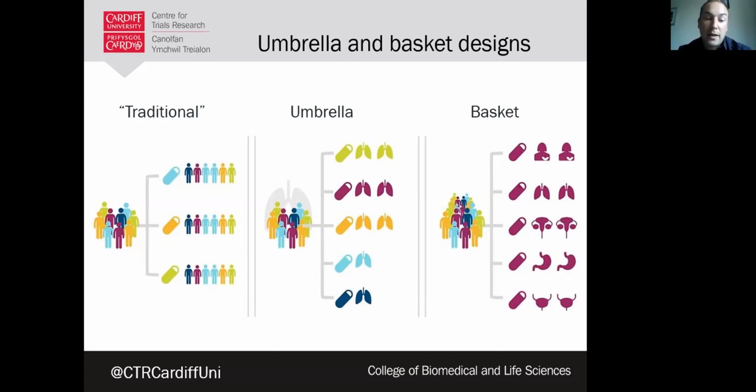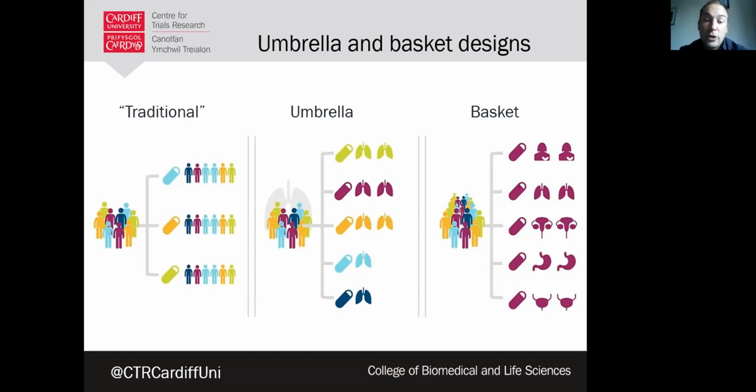So we have a specific genetic or molecular target, and in a basket design, the treatment is the same for everyone, but we have different types of cancer in this example. So we have people with ovarian cancer, we have people with gastric cancer, we have people with lung cancer.